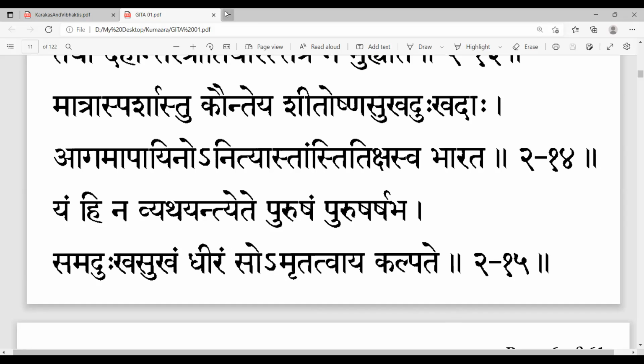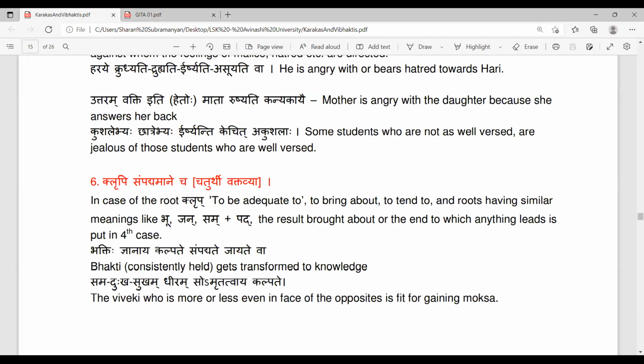For what? That will take him to where? Amrtatvaya, mokshaya. So the one who has the ability to see sukha and dukkha with equanimity, with evenness of mind, who is not shaken, he becomes fit for moksha. That is the translation we give. Saha amrtatvaya kalpate. Similarly here, bhaktihi jnanaya kalpate.